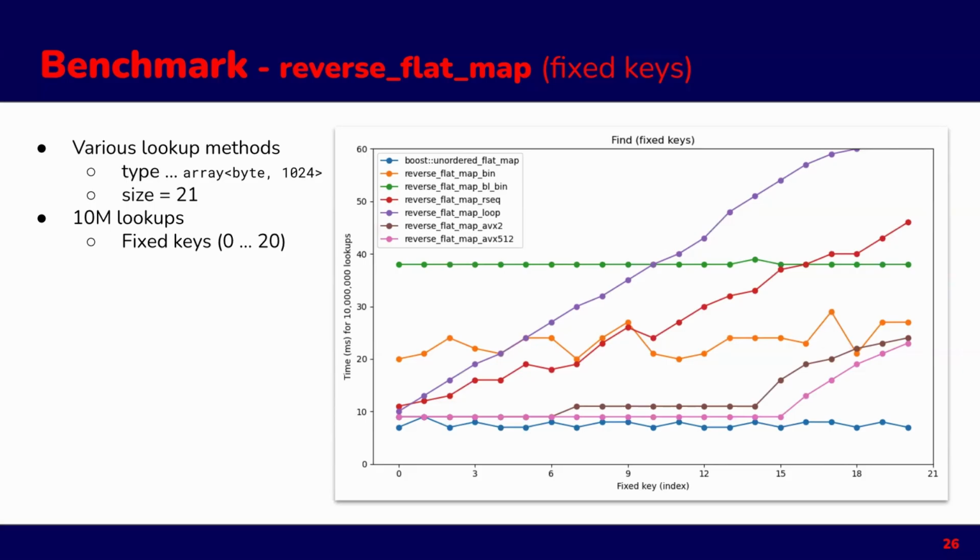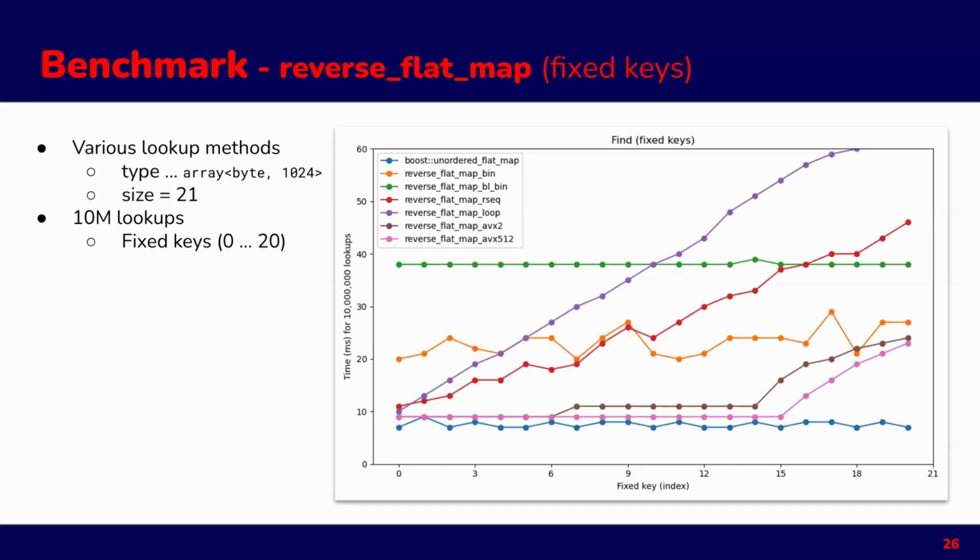And maybe I should mention the handwritten loop. It's this purple one. So maybe at the beginning it's a bit faster than the STL algorithm, but it doesn't scale very well. So it's a good idea to use STL algorithms over handwritten loops, as we can see here.